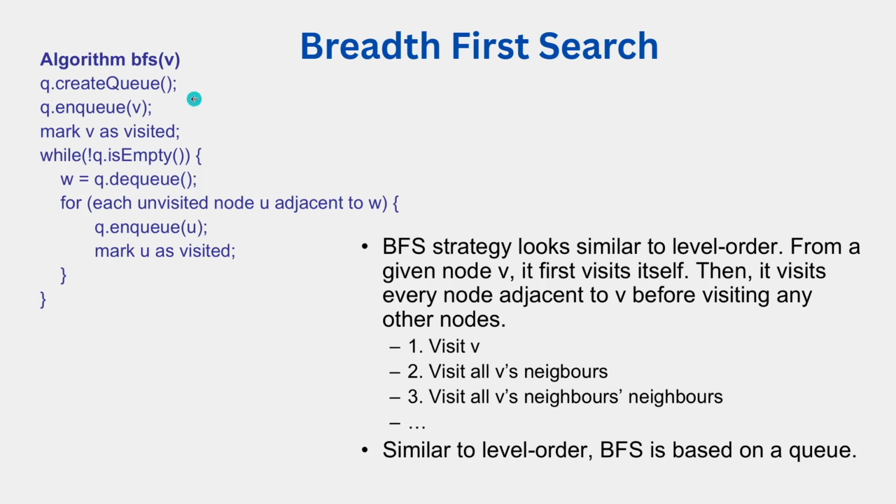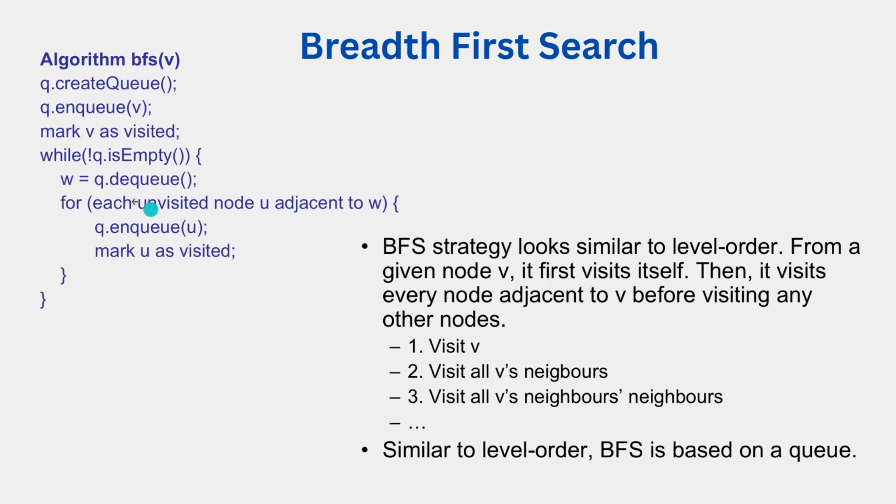First, we create a queue and add the start vertex, and then we mark the start vertex as visited. Then we check whether the queue is not empty, and if not empty, we dequeue one entry from the queue.